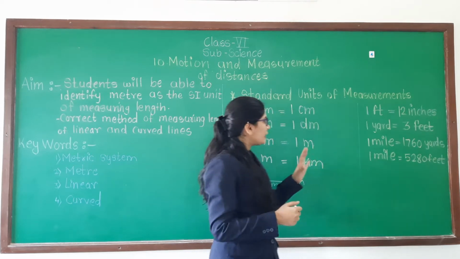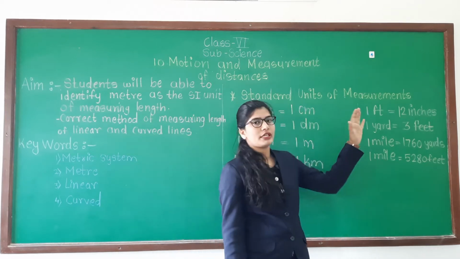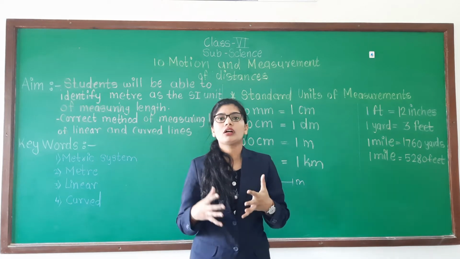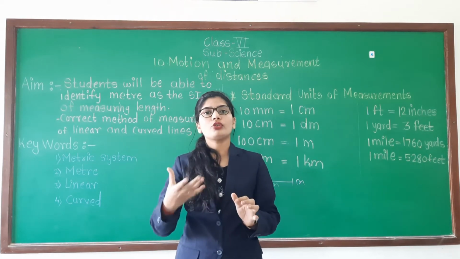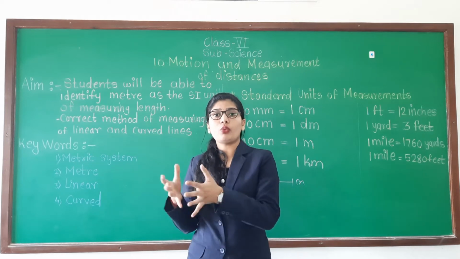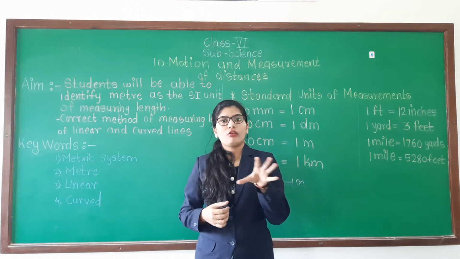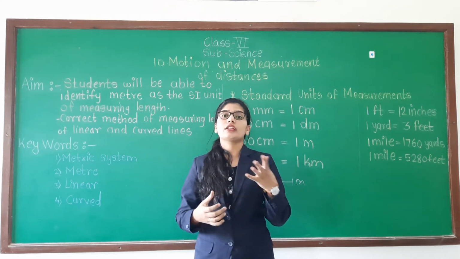Now here I have written the standard units of measurement. When we go to the shop for buying things like pulses and rice, what do you say? Do you say give me 1 liter of rice? No. You say 1 kilogram of rice, or 1 kg rice, 5 kg sugar.